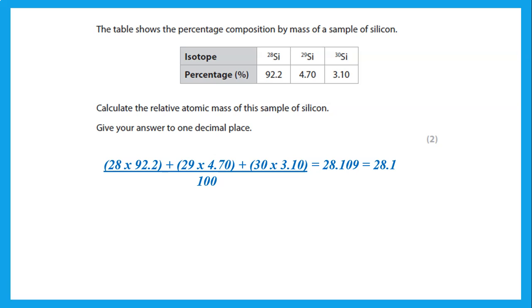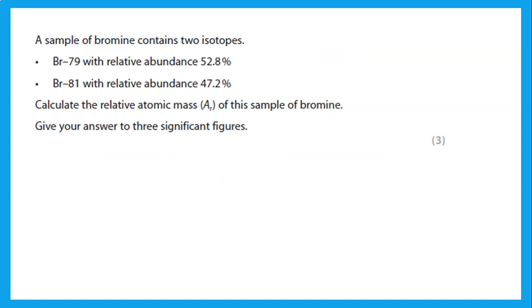Now this comes out in your calculator 28.109. But he's saying give your answer to what? He's saying give your answer to 1 decimal place. So my answer has to be 28.1. Please notice if he's telling you to give your answer in a specific way.